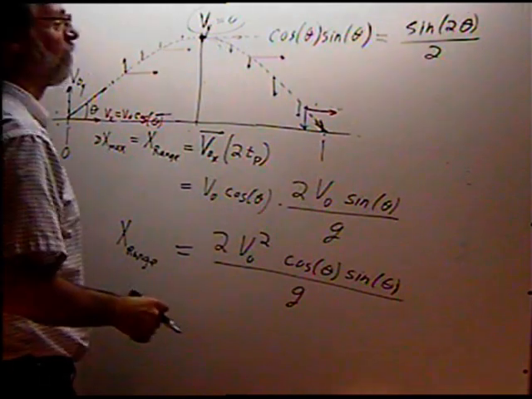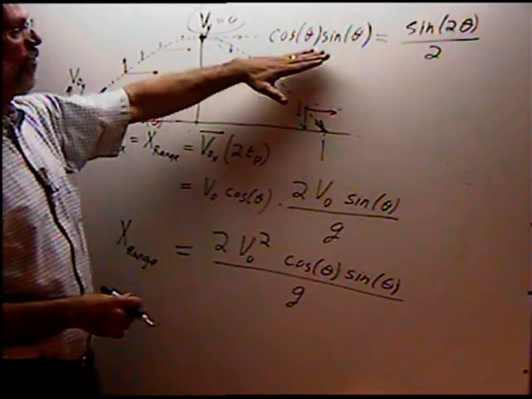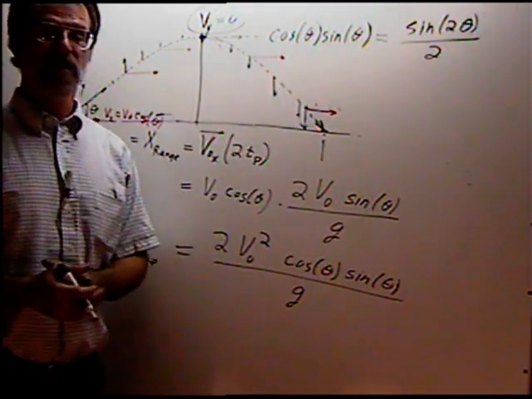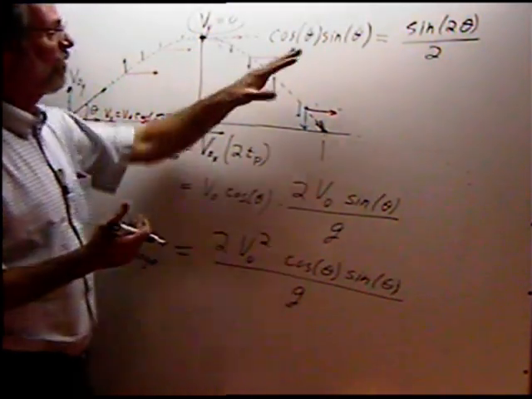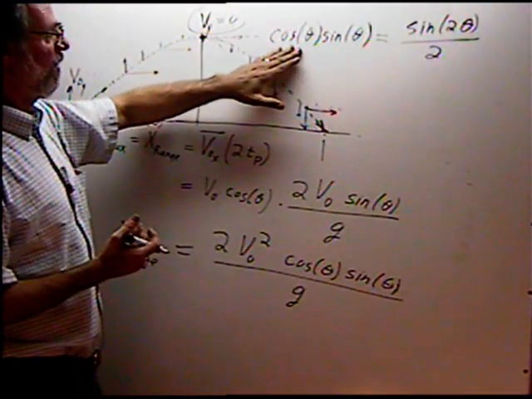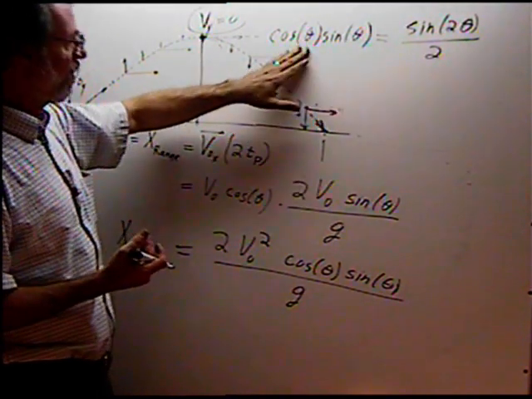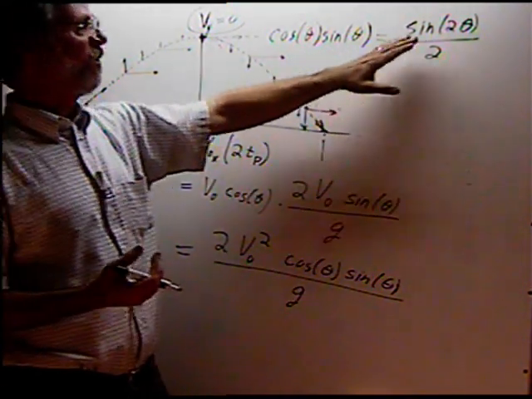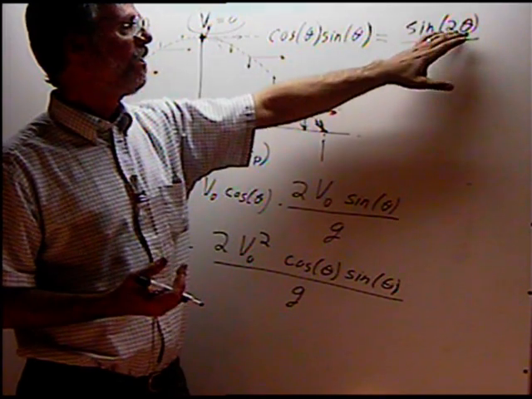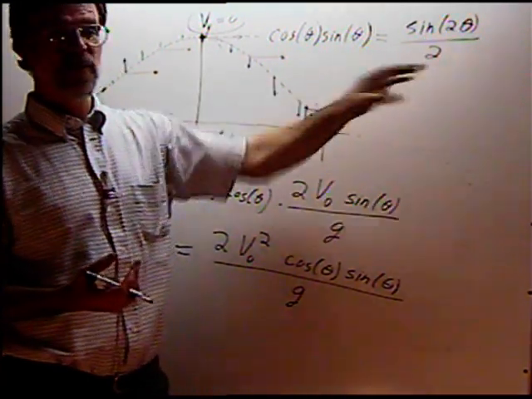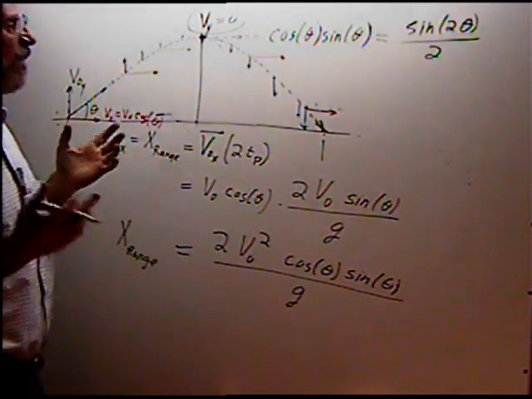If you look in your trig identity tables, you will see that the cosine of an angle times the sine of the angle is equal to sine of 2 times theta divided by 2.